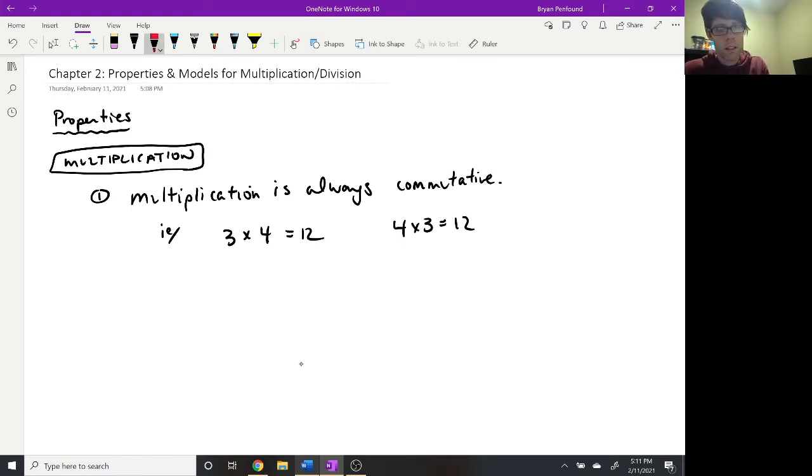Okay, so like I said, specifically we're looking at the order of these two numbers. And the order doesn't matter. The end product is always the same.